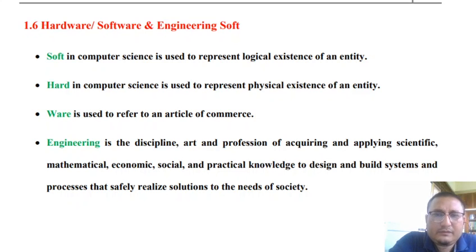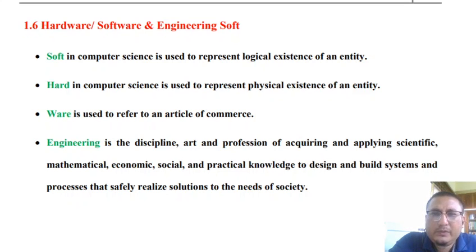Now let us try to define the term engineering. Engineering may be an art or a profession of building or engineering a product, and it should include an art and a profession of acquiring. Why acquiring?